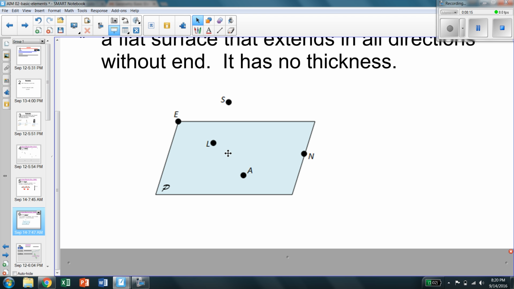This is a little tough to see. So we need to have 3 points that define a plane. So this could be plane L-A-N. Could also be plane E-L-A or plane E-L-N. So we need 3 points to make up a plane. And they also need to be non-collinear. We'll get there very shortly.